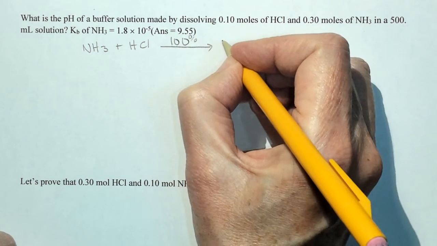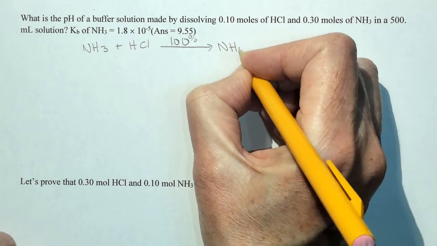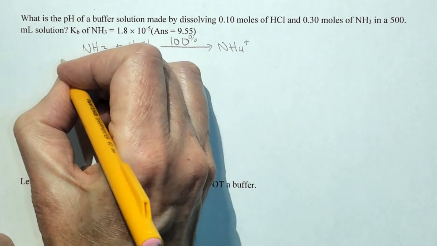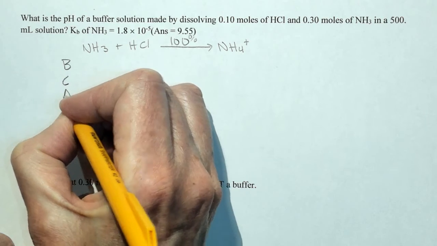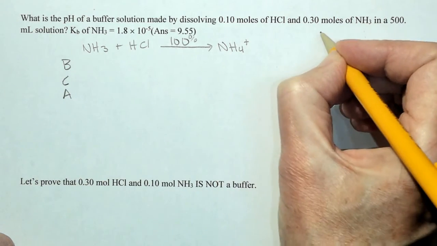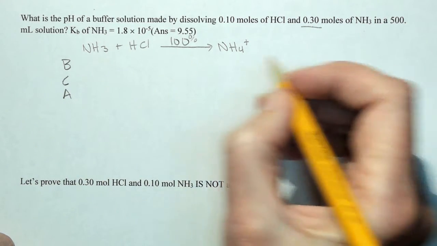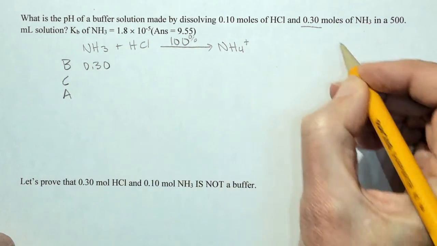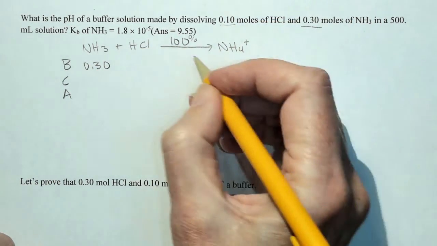We are going to be making NH4 plus, and we have BCA. Our ammonia is 0.30. HCl is 0.1 mole.